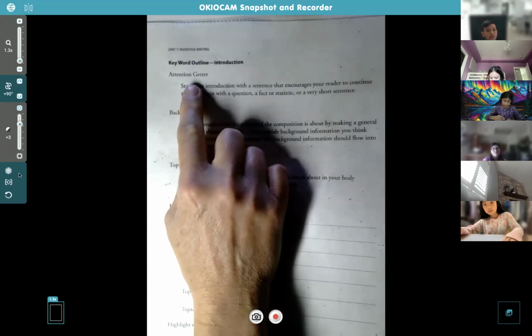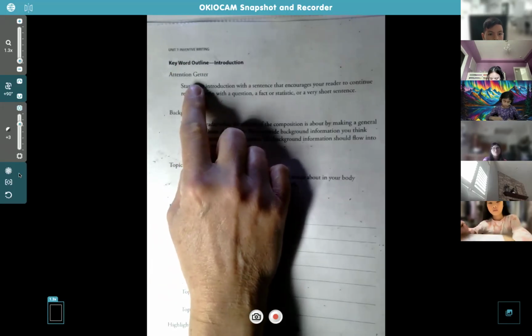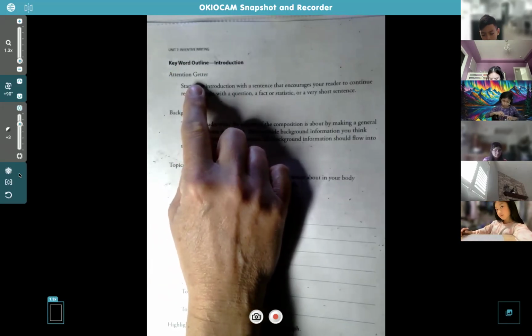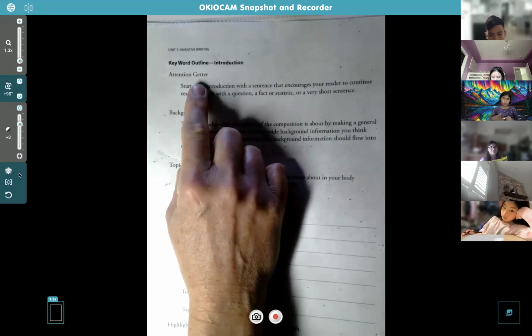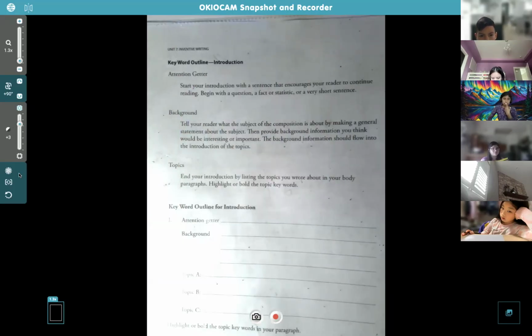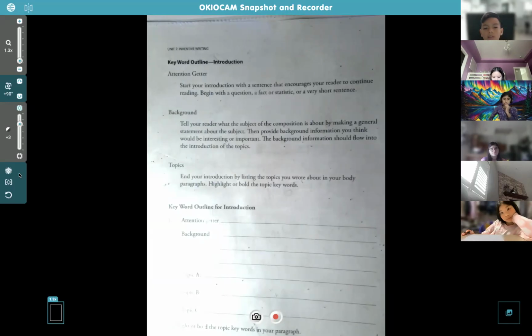And the very, very, very first sentence of your first paragraph needs to have an attention getter. And attention getter means a sentence that makes the reader want to keep reading. I'll give you an example of a bad attention getter. If you said, this report is about Japan, that's boring, right?